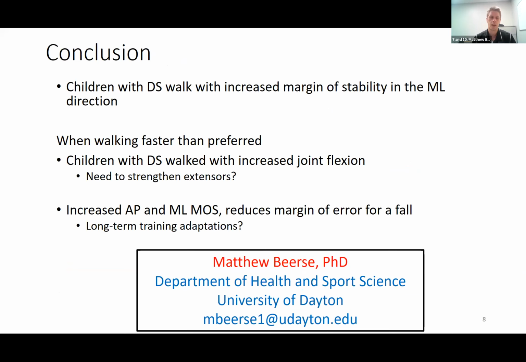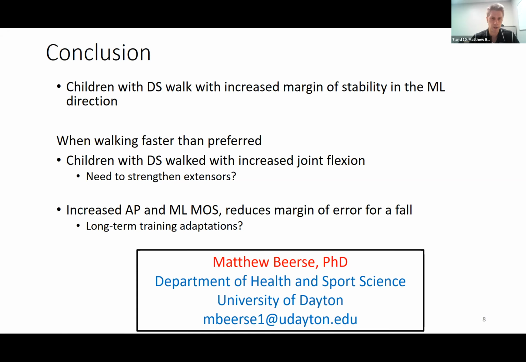So to summarize, the main group effect that we found was that the children with Down syndrome walked with a greater medial lateral margin of stability, regardless of condition or event that we looked at. And so this might be leading to their foot placement strategy of a wider step, taken from the opposite perspective. Their wider steps are not at least minimizing potentially this medial lateral center of mass movement, because that's being factored into this margin of stability measure.